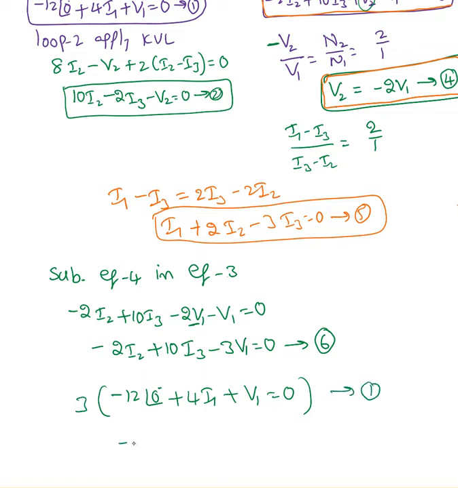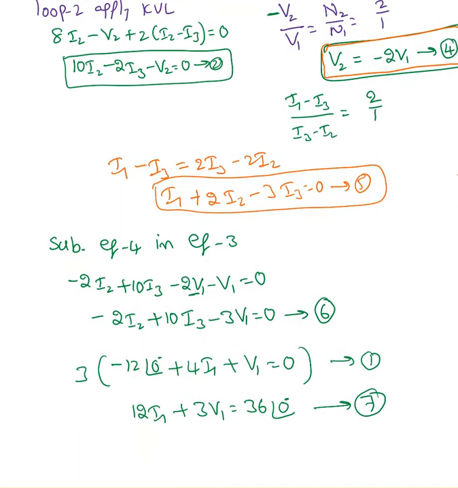So minus 36, I'm going to put it on the other side: 12I1 plus 3V1 equal to 36 at an angle of 0. This I'm going to call equation 7. All I did was multiply equation 1 by the number 3.